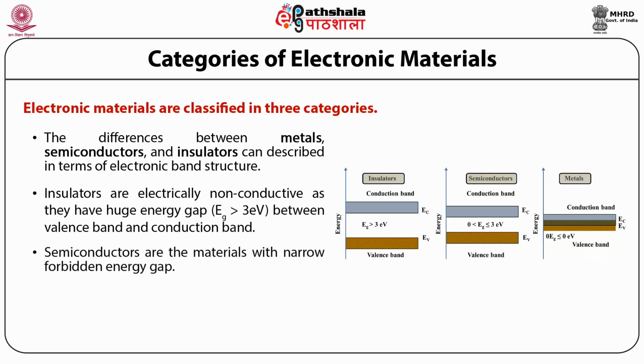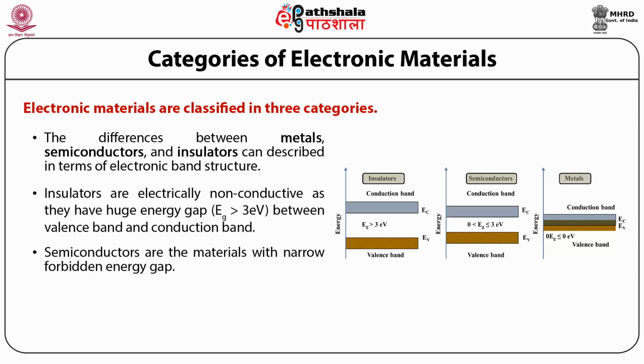Next is semiconductor. Semiconductors are the materials with narrow forbidden energy gap. At low temperature, they do not conduct any electrical current and behave nearly the same as insulators. However, at higher temperature, some of the electrons in the valence band gain sufficient amount of energy to jump into the conduction band.